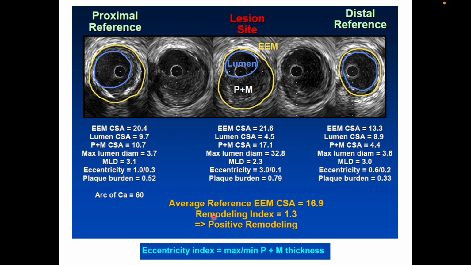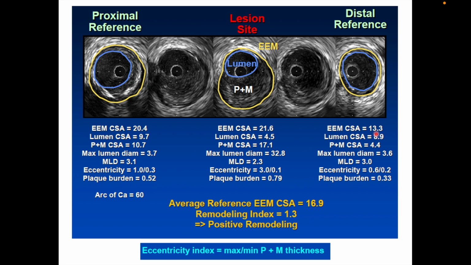If you want to calculate whether it's positively remodeled or negatively remodeled, what does that mean? At the proximal reference segment, we know that the arteries proximally are bigger in size, and as you go distally, the size becomes smaller, right? So at the proximal reference segment, if the external elastic membrane cross-sectional area is 20.4, at the distal reference it has to be smaller, which is 13.3.